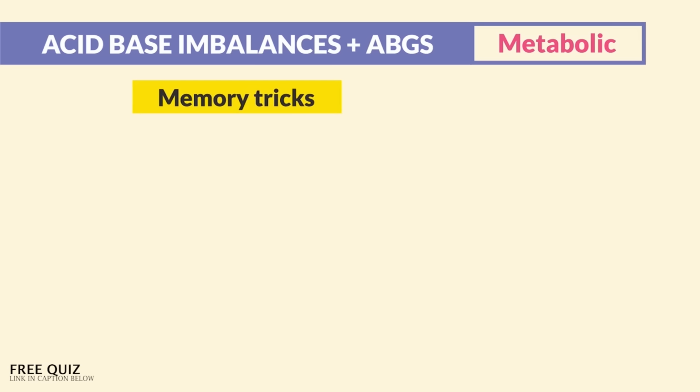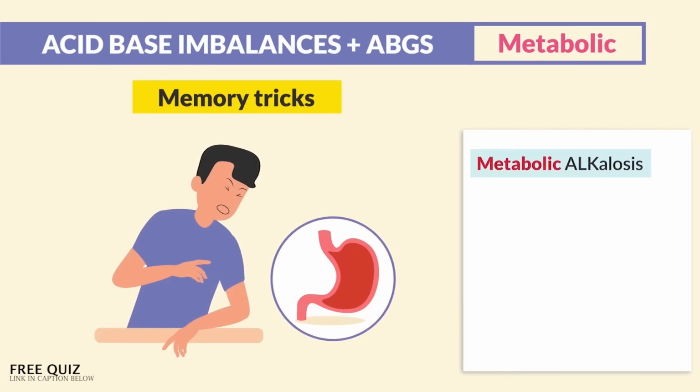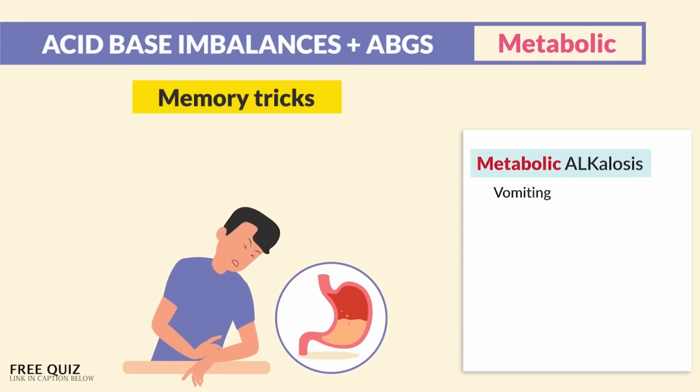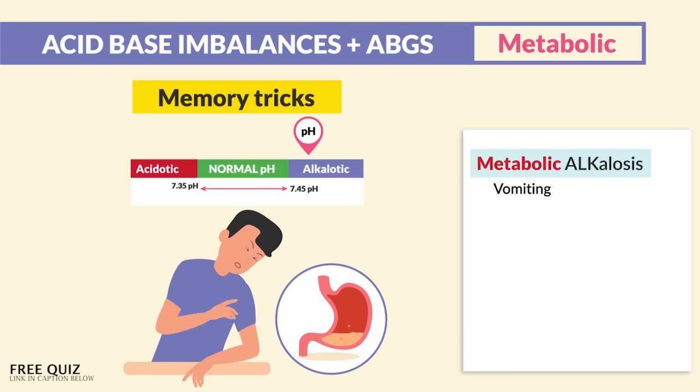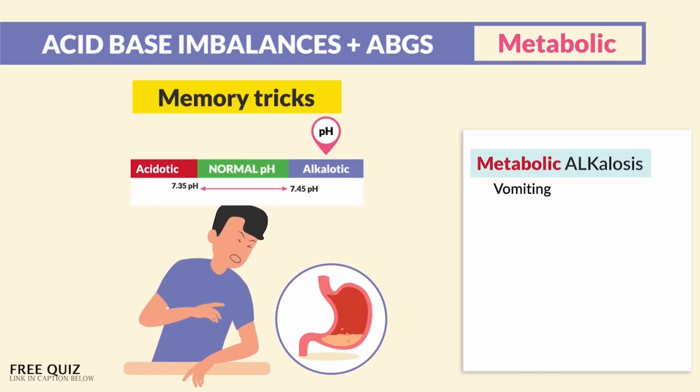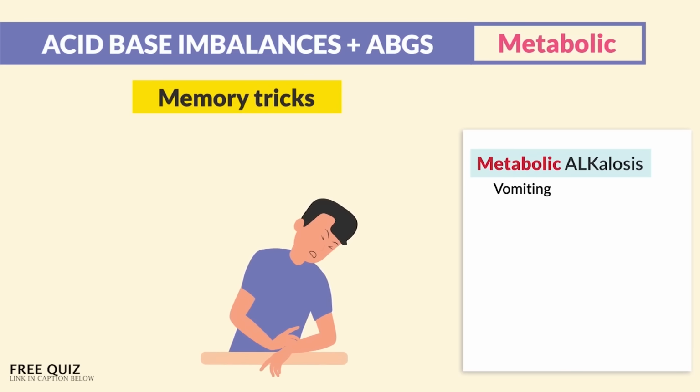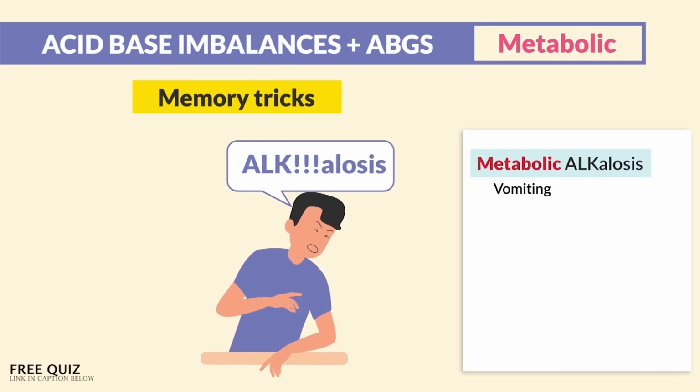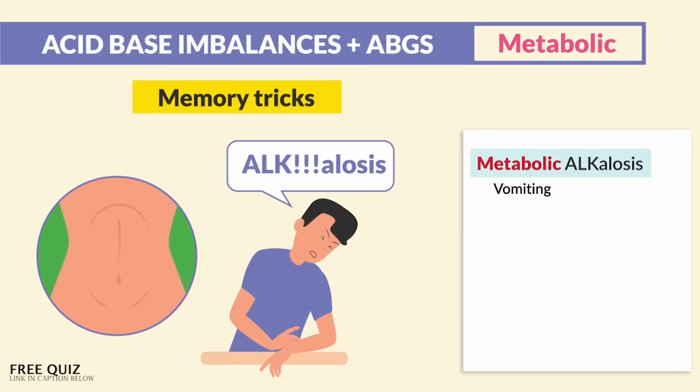Okay, now our memory tricks are really fun here, so pay close attention. With metabolic alkalosis, we vomit out all that acid, leaving us in a base or alkalotic state. So just think, alkalosis. It kind of sounds like you're throwing up with alkalosis. And you hold your stomach region, indicating that metabolic area with alkalosis.